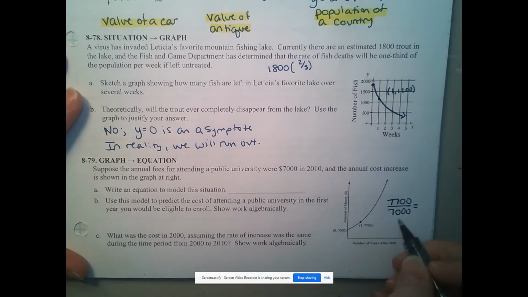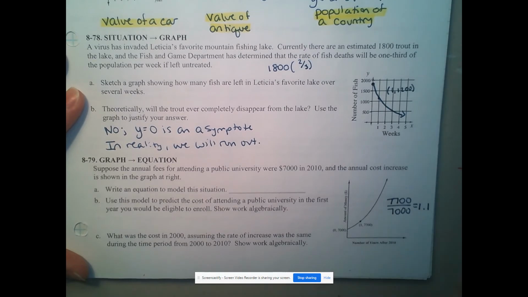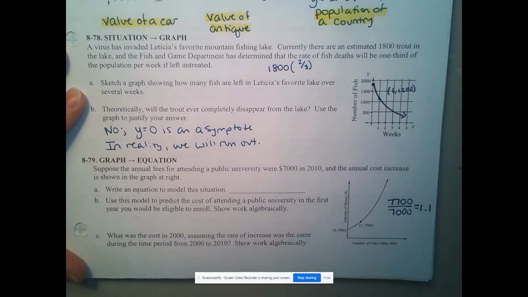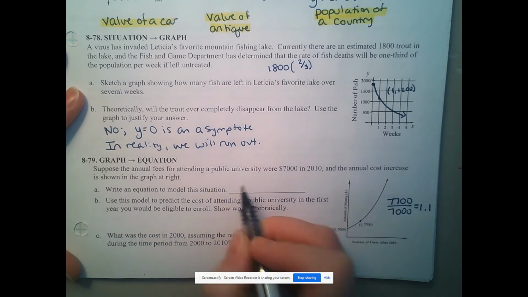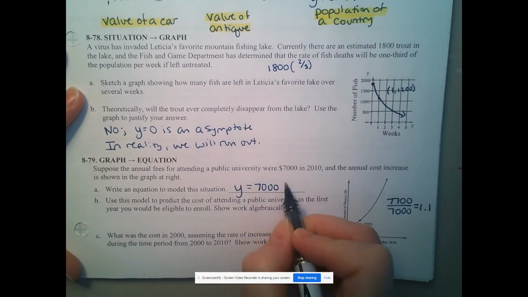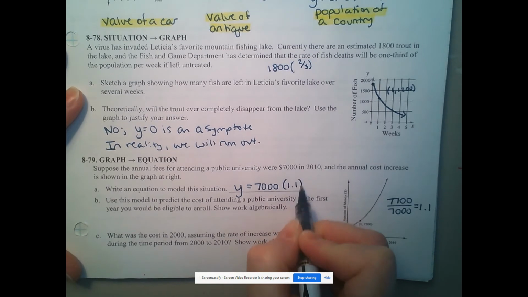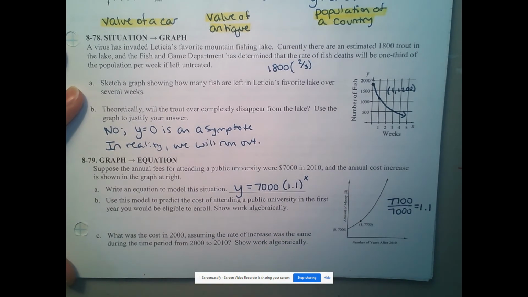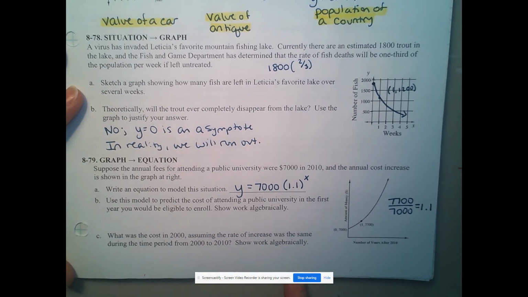And so it is 1.1. You could also do the amount of change divided by the previous, and that would give you just the 0.1 part of the answer. So when we go to write our equation, y equals initial value of 7,000, multiplier of 1.1 to the x.